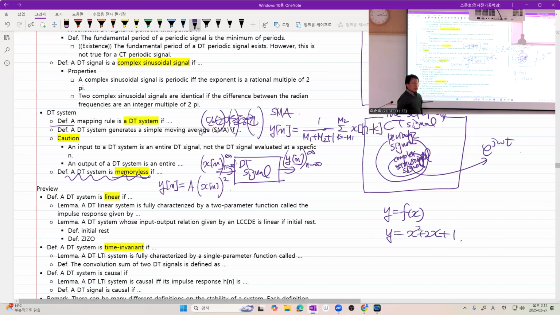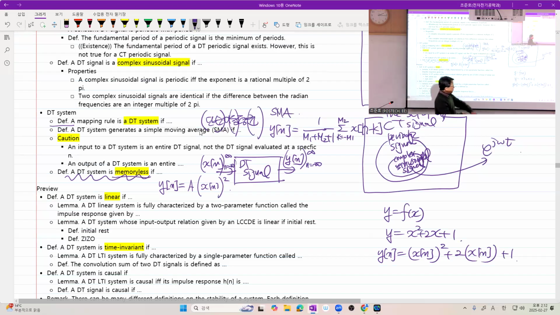Even though there is no time parameter, we may think about a discrete time system whose input-output relation is given this way.